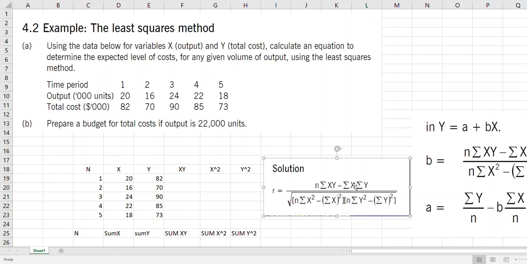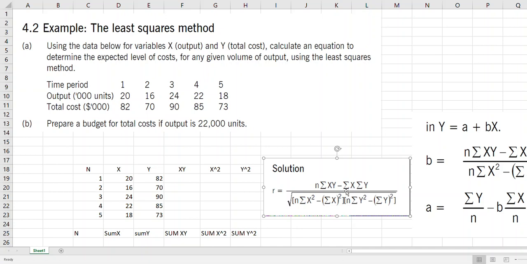Minus sum of x multiplied by sum of y. And then divide that by the square root of n sum of x squared minus sum of x squared, and that whole thing multiplied by n sum of y squared minus sum of y squared.